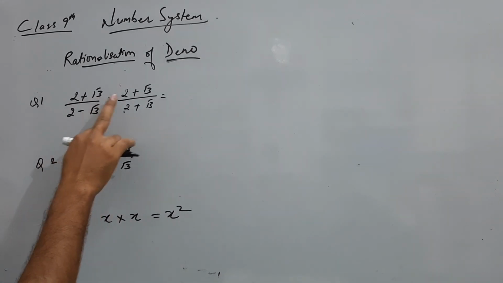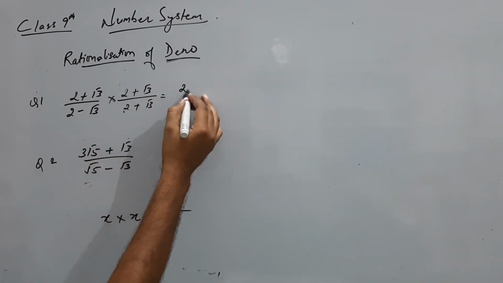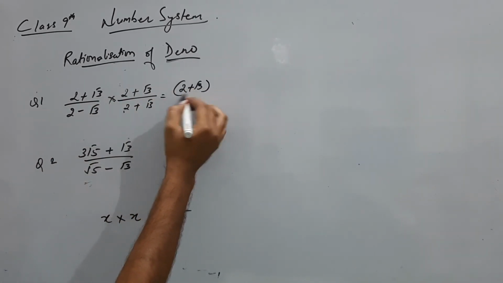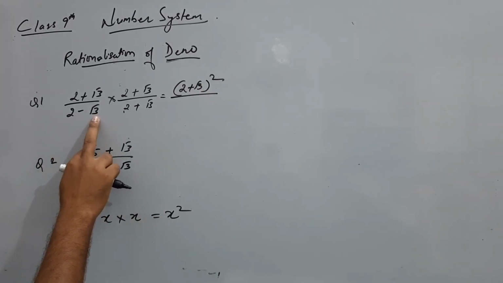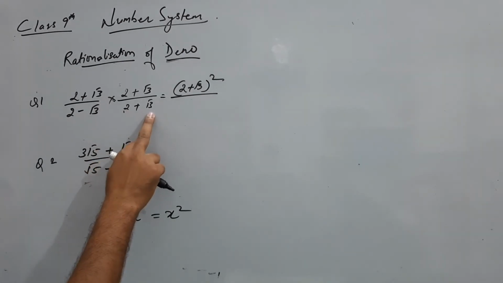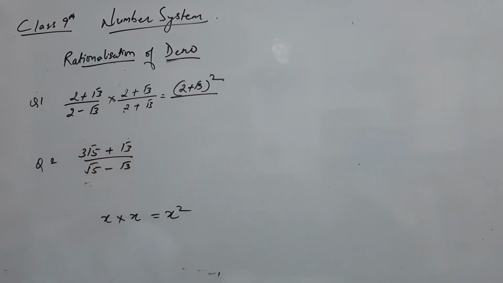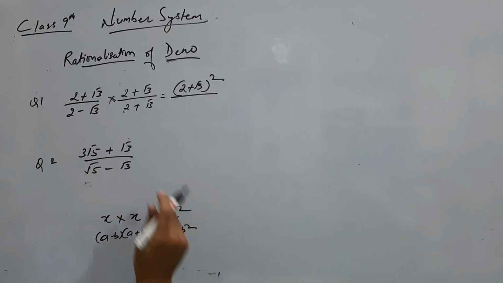So the same number multiplying itself becomes 2 plus root 3 to the whole square. But here it is 2 minus root 3, and here it is 2 plus root 3. So 2 minus root 3 into 2 plus root 3, there is a formula, a minus b into a plus b, it is a square minus b square.